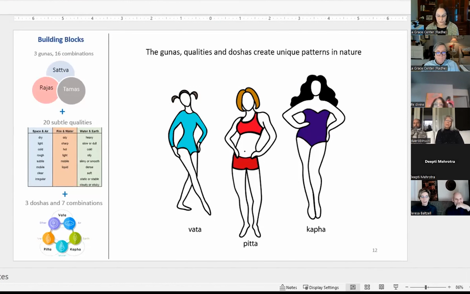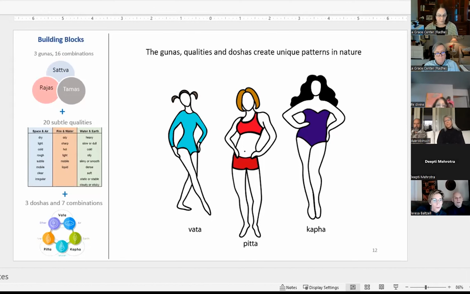Just as the rishis in the Isha Upanishad looked around their outer environment, their outer nature, to find a symbol that would reflect some truth behind it, so too did the Ayurvedic, I don't know if you call them authors or those who cognized Ayurveda, look around in the external environment and find unique patterns in nature to reflect these different combinations.